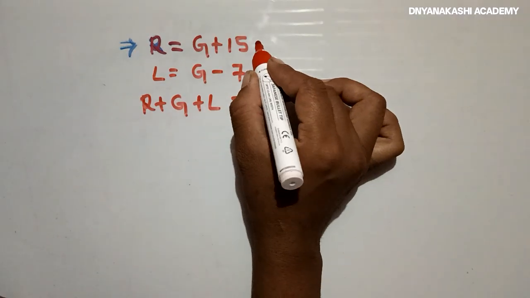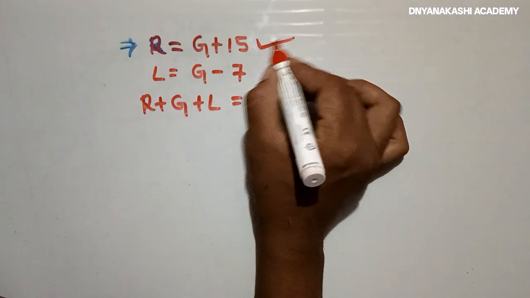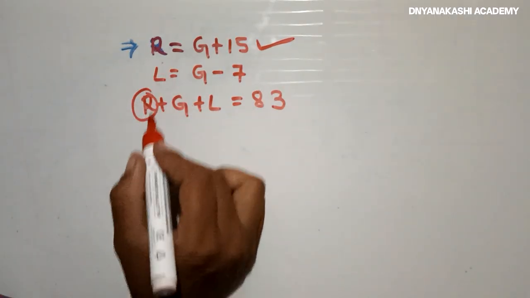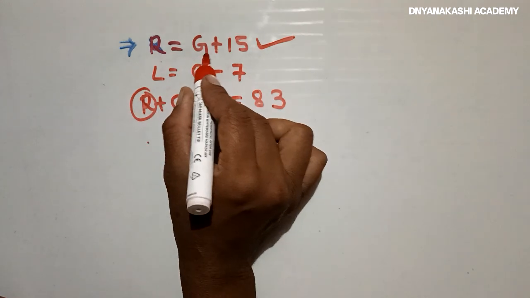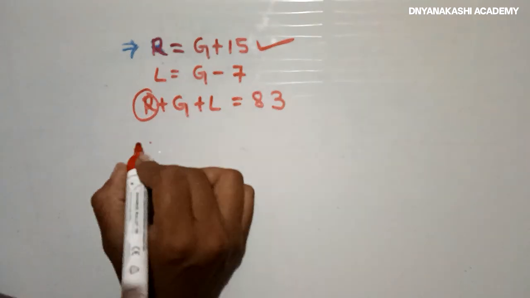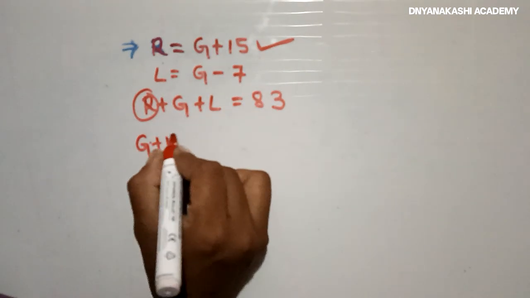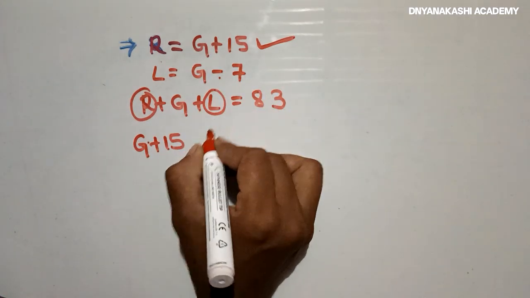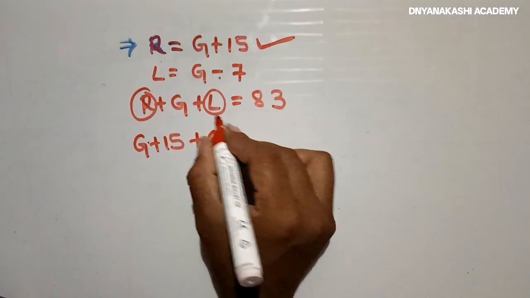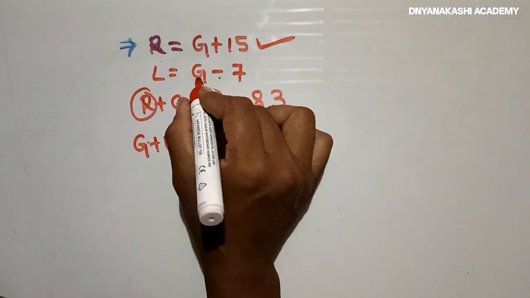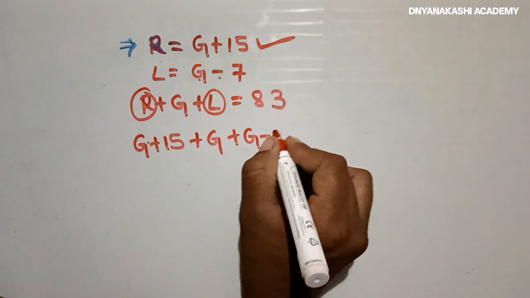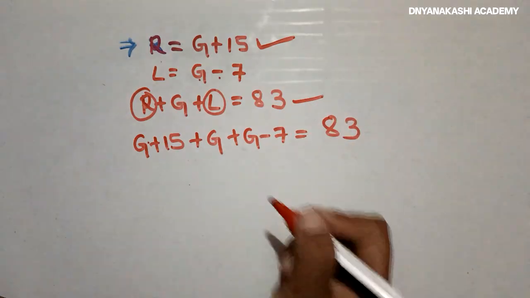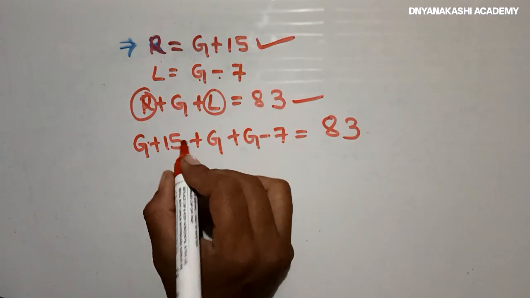R is equal to G plus 15, I write here. L means G minus 7, I write here, plus G as it is. The total equals 83.